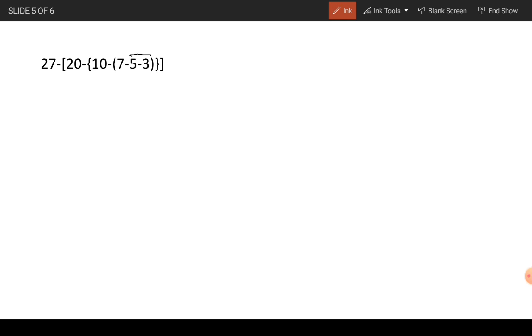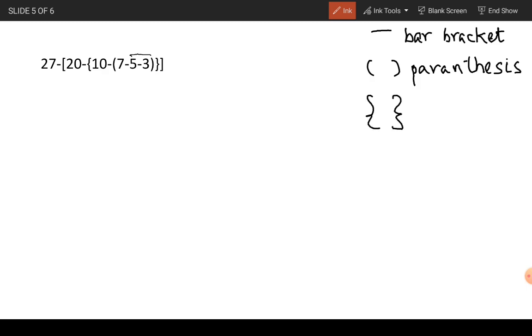So among the brackets, the first to be solved is the bar bracket. After solving the bar bracket come these brackets, which are called parentheses, P-A-R-E-N-T-H-E-S-I-S, followed by these, which are called curly braces or curly brackets.